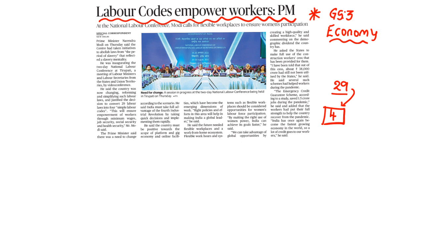See, this first code on wages actually deals with the wages part of the labor. As right now, the labor are getting a very low amount of salary. It is the obligation of the government to improve those wages. And next, the industrial relations code generally deals with the relations that are happening at the level of industries.